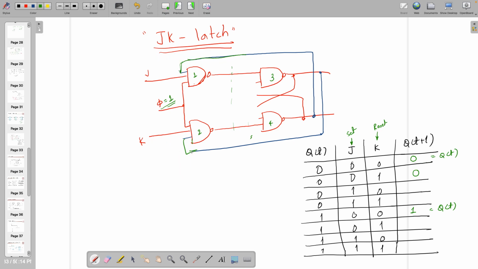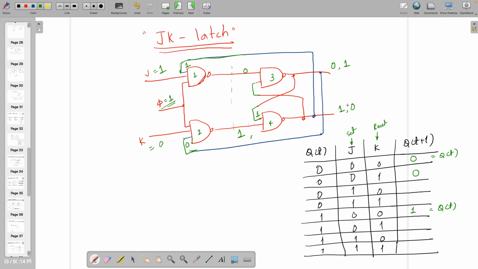Okay, so J equal to 1, K equal to 0 and Q equal to 0 and this equal to 1. So 0 is coming here, so it has to be 1 and 1 has to go that side, so it has to be 0, right. So any input is 0, so output has to become 1 and this 1 will be coming here, so this will become 0, right.